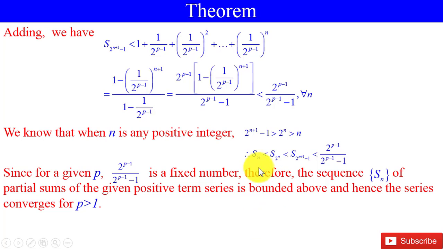Therefore, S_n is less than S_(2^(n+1)-1), which is less than 2^p by (2^(p-1) minus 1)... Since for a given p, 2^(p-1) by (2^(p-1) minus 1) is a fixed number, therefore the sequence S_n of partial sums of the given positive term series is bounded above, and hence the series converges for p greater than 1.